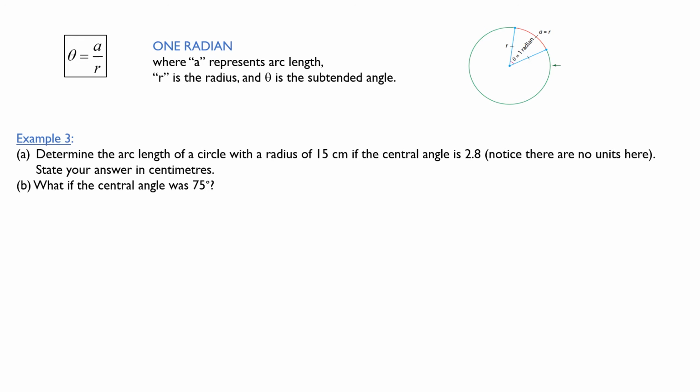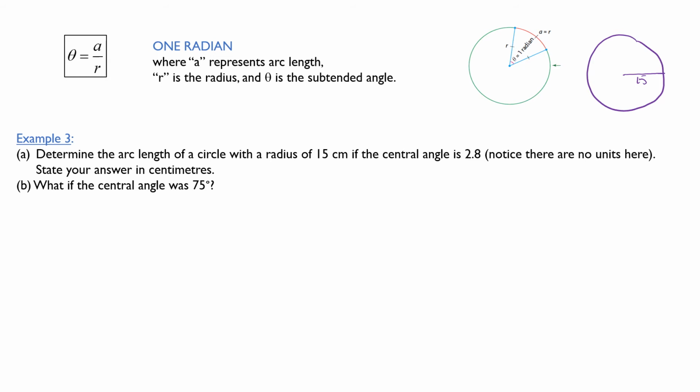I'll put it beside the top circle on the top right. So here's a circle for our question. We've got a radius of 15. Let's put that in there. There's 15 for the radius. And we want to find the arc length of a circle with a radius of 15 and a central angle of 2.8. So that would be in radians.